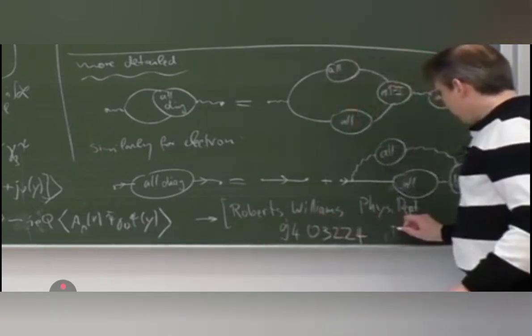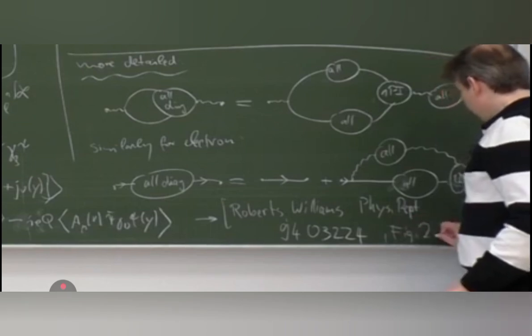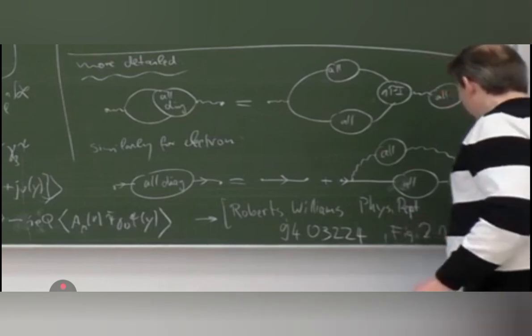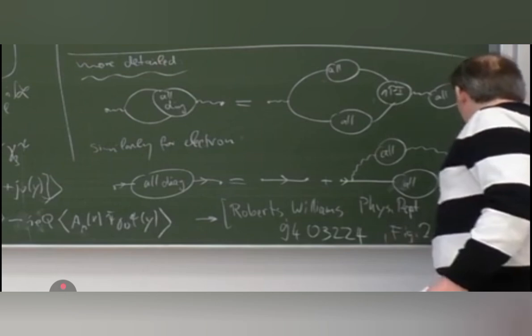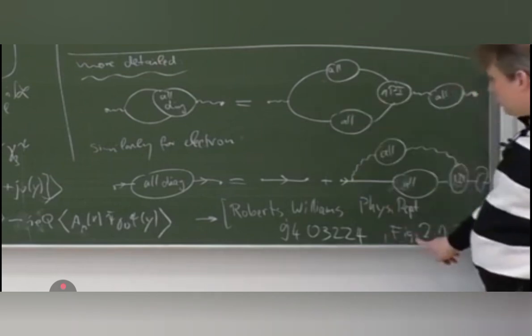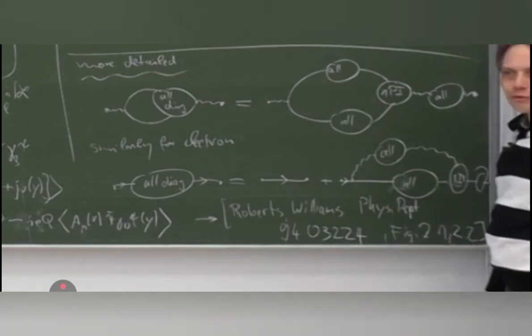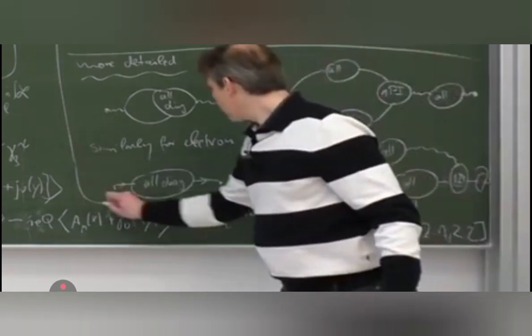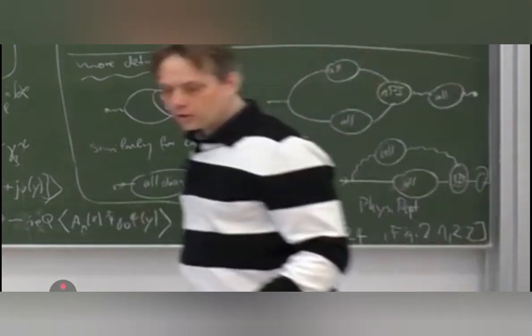There in particular they look at exactly the same Dyson-Schwinger equations in their figure 2.1 and figure 2.2, so you can directly look at this, and then you see comments and derivations of exactly this.